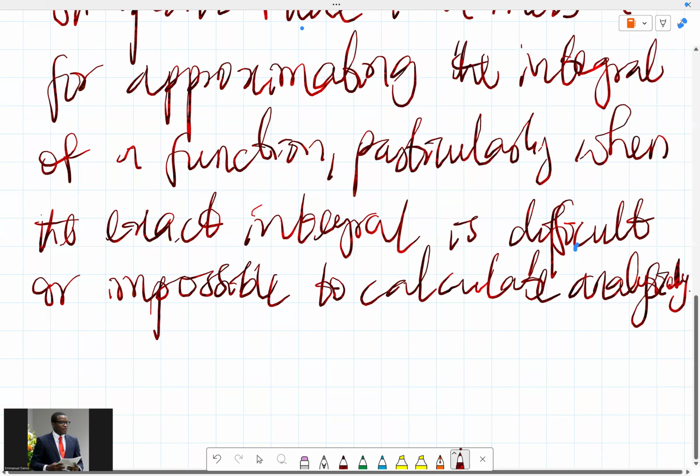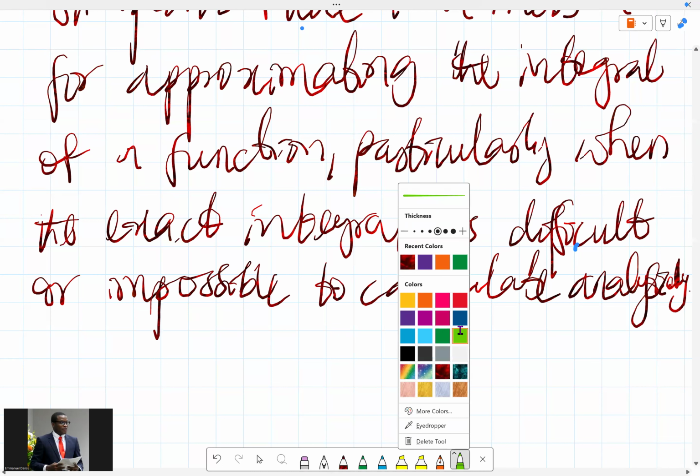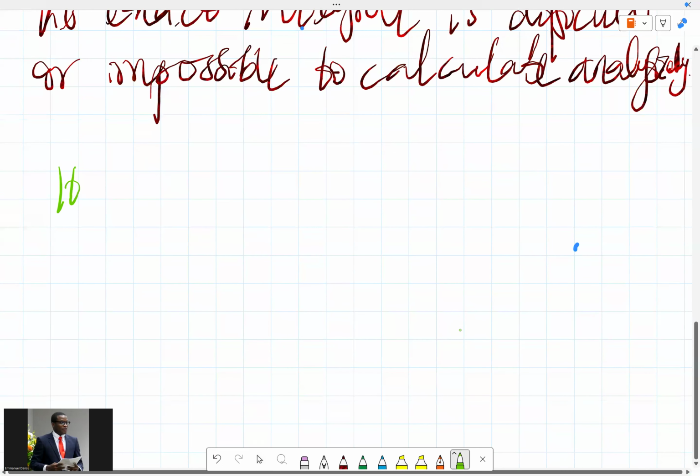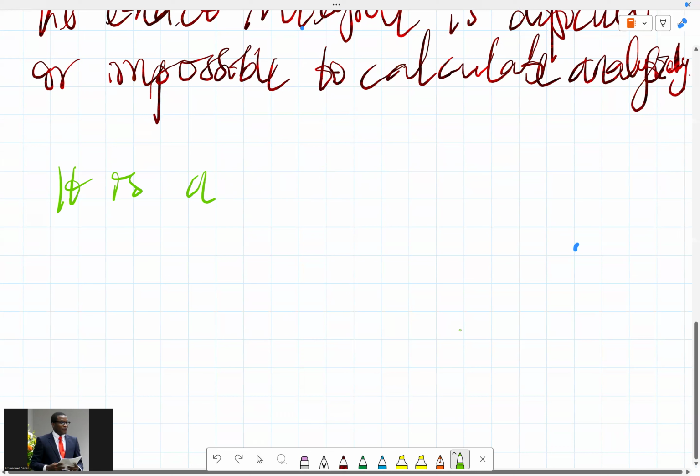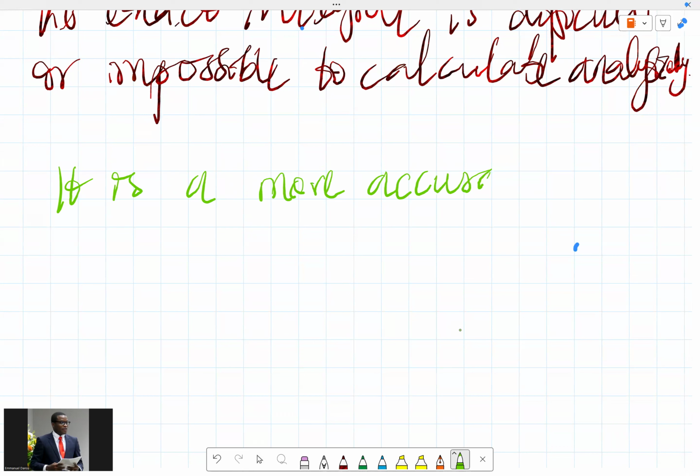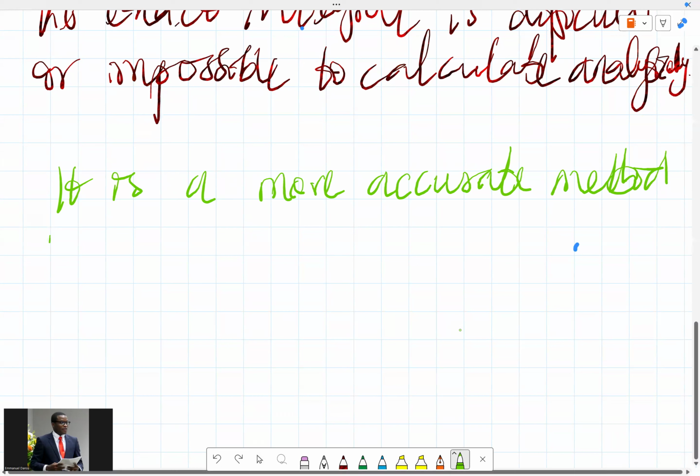It is a more accurate method than the trapezoidal rule.